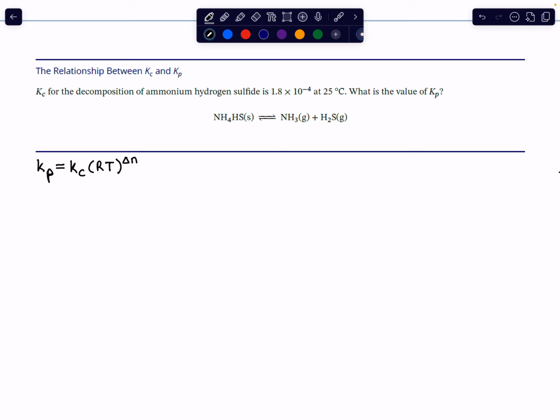If we look at this reaction, on the reactant side we do not have any mole of gas, so it's 0 mole gas. Whereas on the product side, we have 1 mole of ammonia gas plus 1 mole of hydrogen sulfide gas that forms.